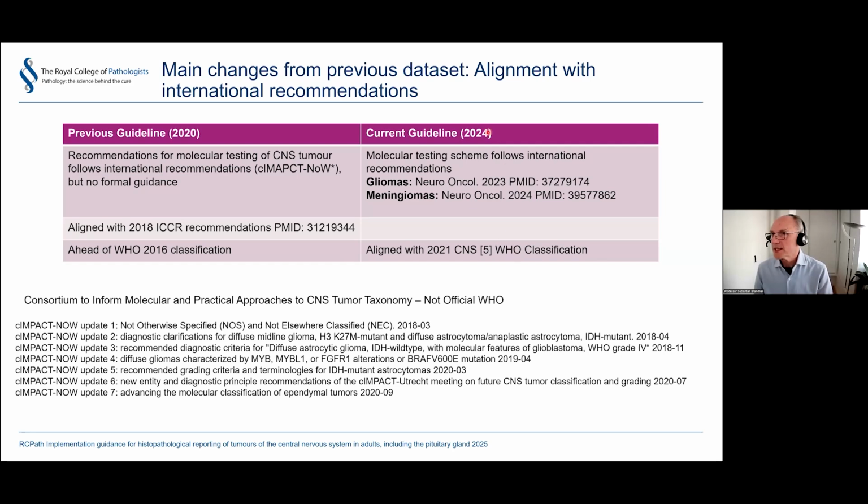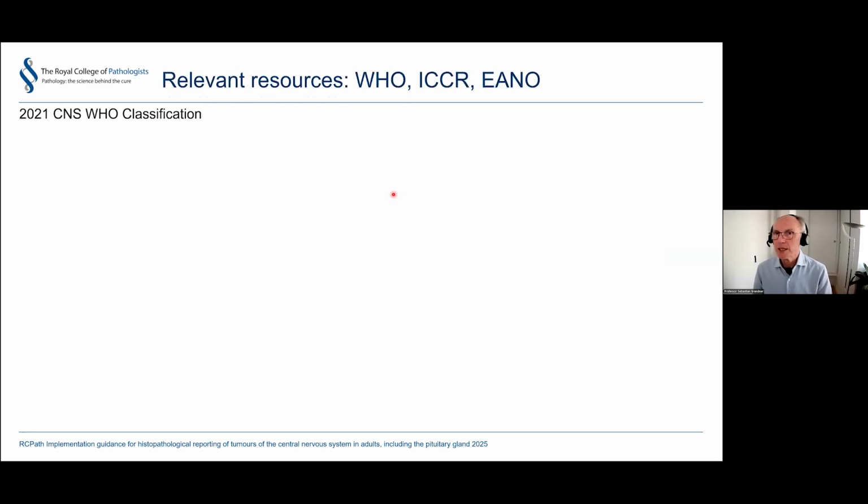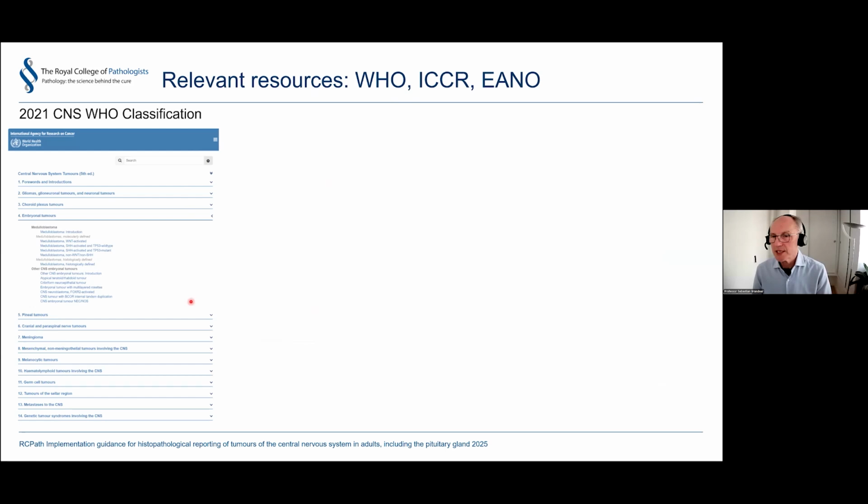The current dataset follows international recommendations. There are publications for gliomas and meningiomas, and the WHO classification is here. So we are not going to discuss the details of the individual tumor types. There are 180 or 190 tumor types, many of which are molecularly characterized.